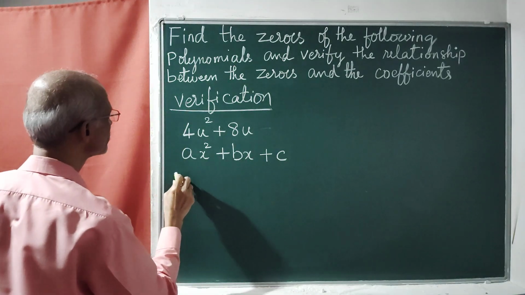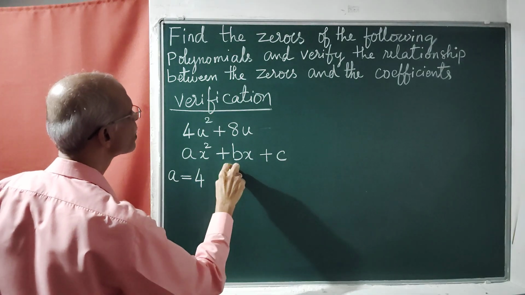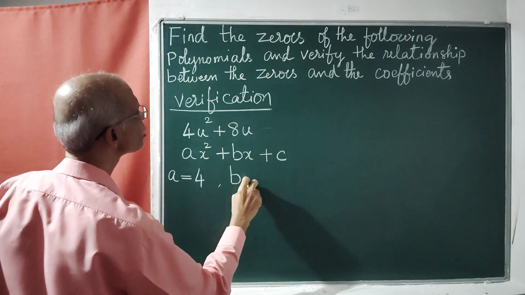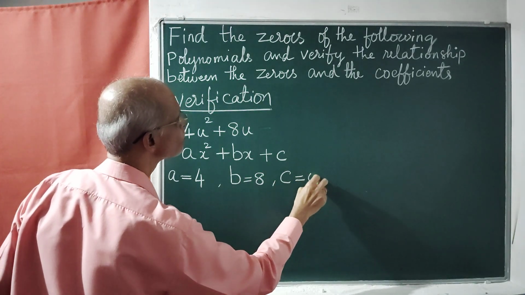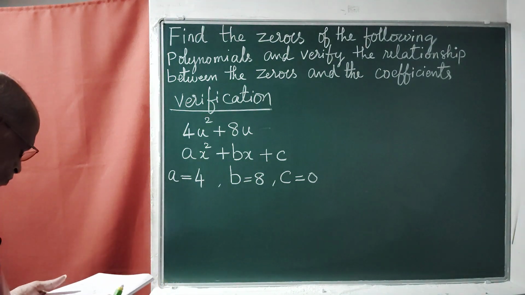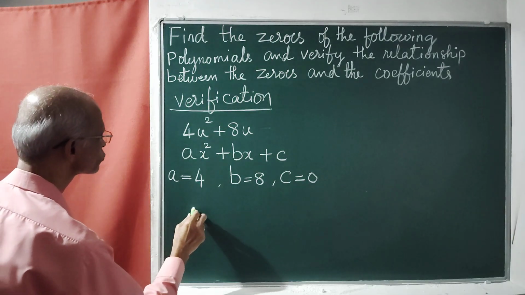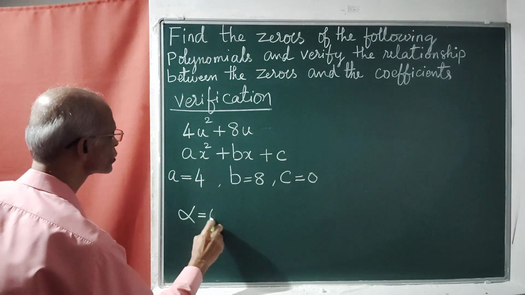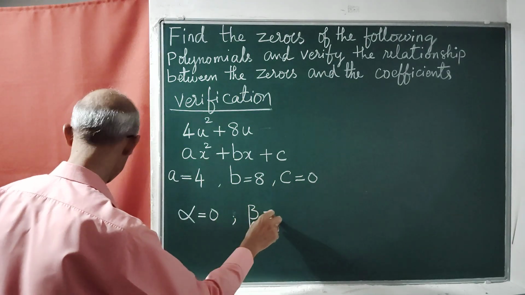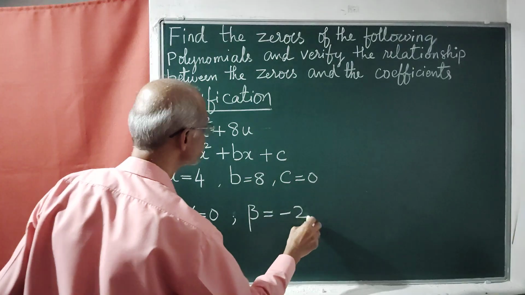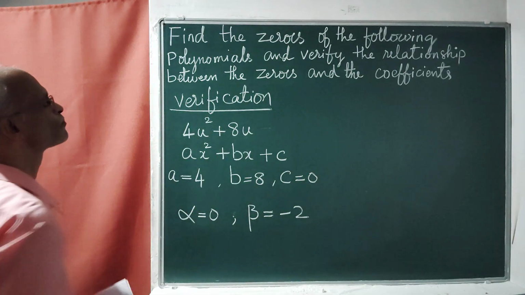When we compare it, a will be equal to 4, b will be equal to 8, c will be equal to 0. The two zeros, that is alpha is equal to 0 and beta is equal to minus 2. 0 and minus 2 are the zeros of the given polynomial.